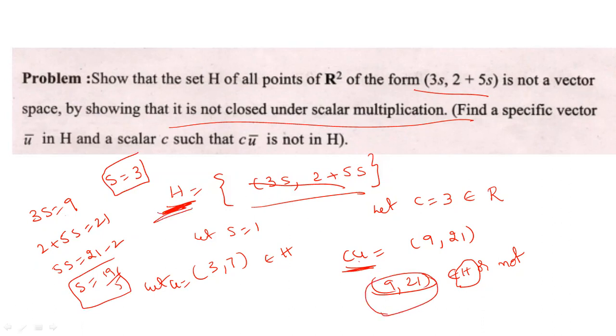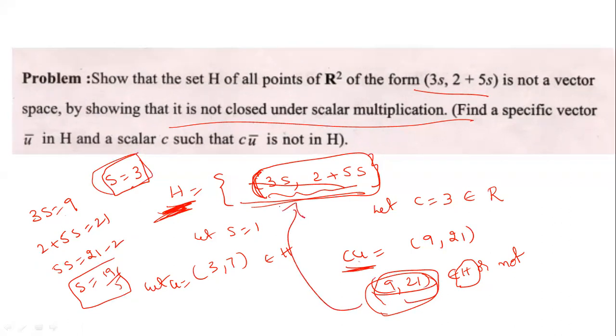The elements in H should be in this form: (3s, 2 + 5s). If (9, 21) were in H, there should be the same s value for both coordinates. But I am getting two different values, s = 3 and s = 19/5.